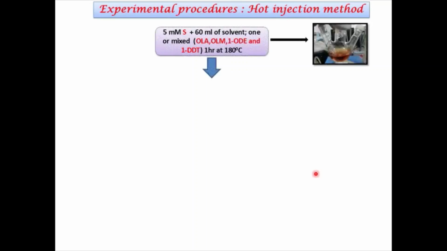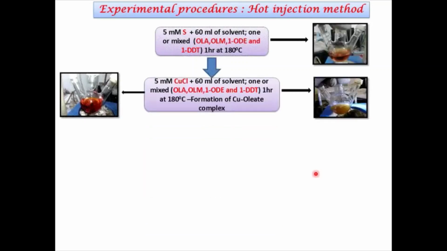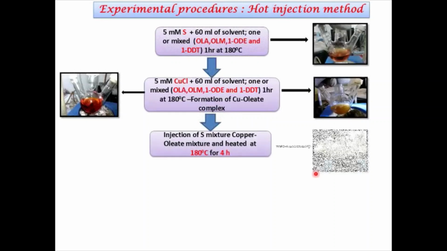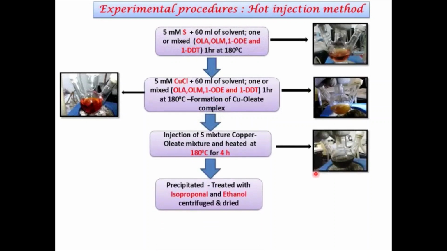In a similar way, we have prepared many other compounds. This is one of the classic compounds, useful in dye-sensitized solar cells as a counter electrode. It's copper sulfide, which comes in 4 different structures. So we have prepared Cu2S as well as CuS2 by this hot injection reaction.